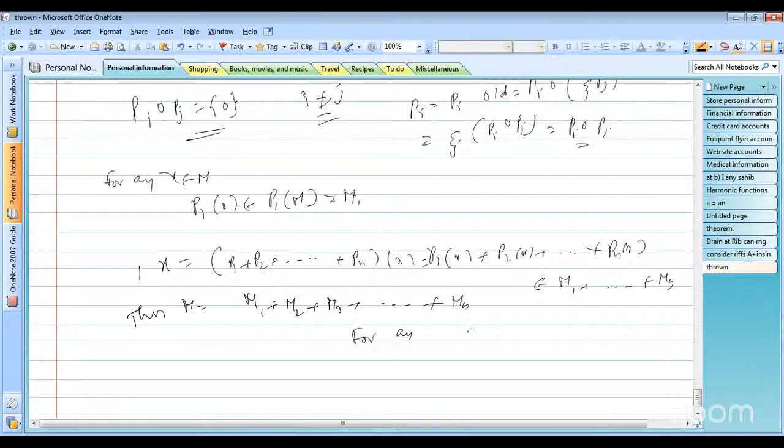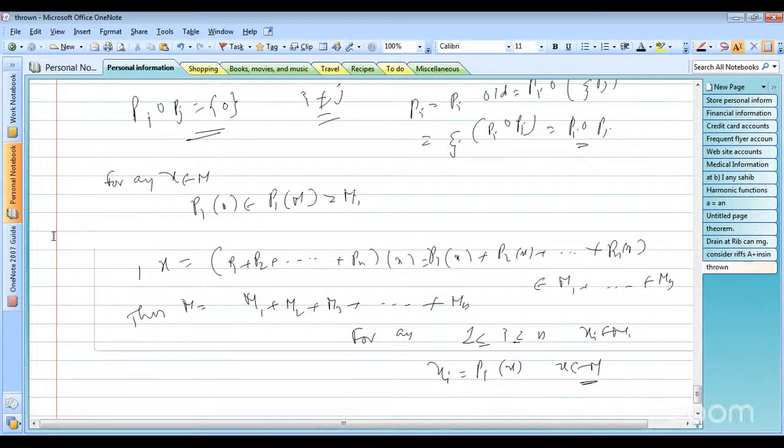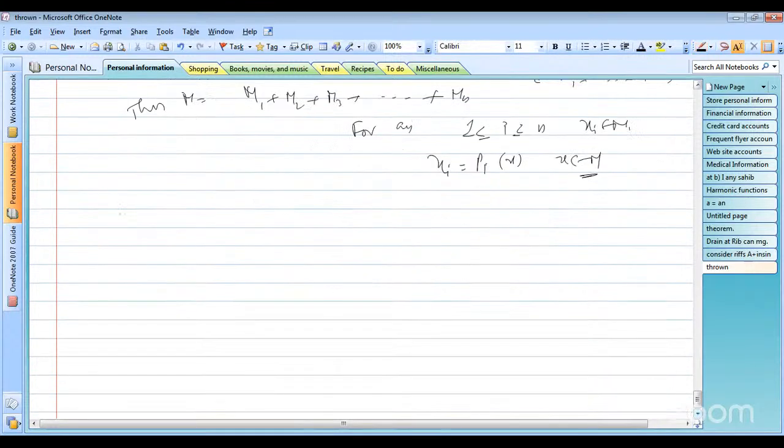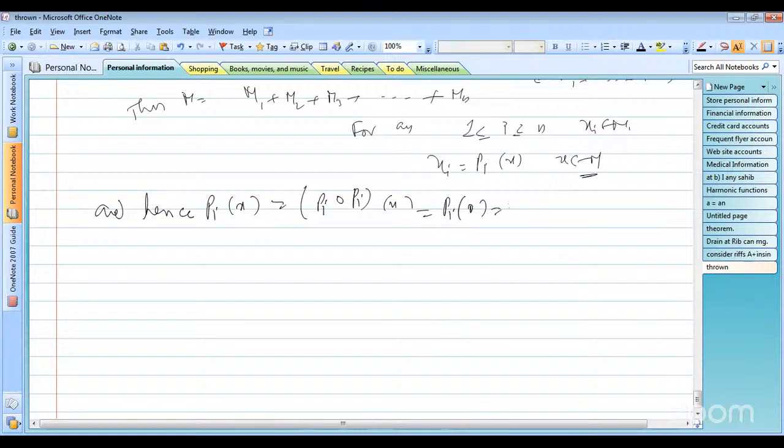For any i, 1 less than or equal to i less than or equal to n, so therefore xi belongs to Mi. So xi is equal to Pi of x for some x belongs to M, and hence Pi of x is equal to Pi circle Pi of x. So this Pi of x is equal to xi, so Pi is identity on Mi, for 1 less than or equal to i less than or equal to n.